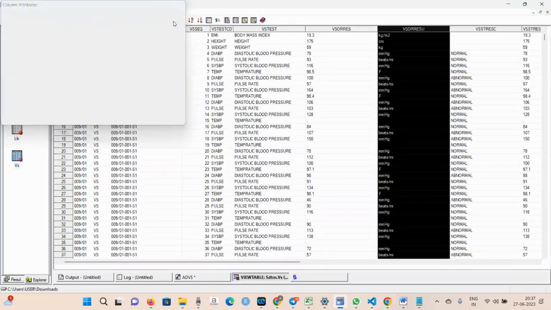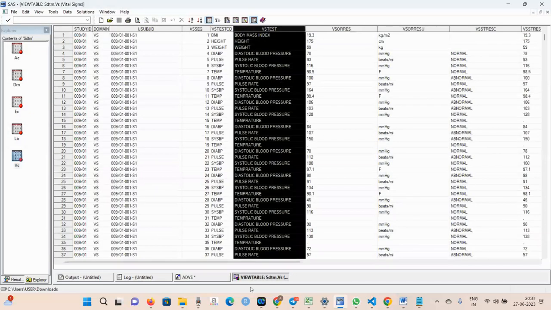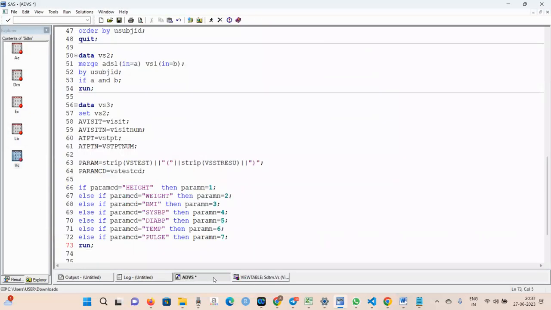It is a character. So VS3, check the VS3.